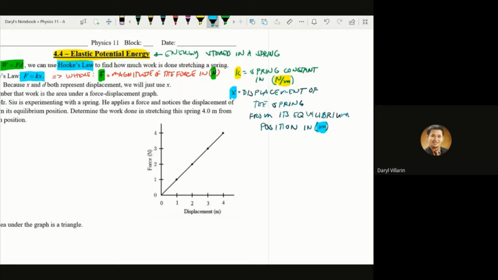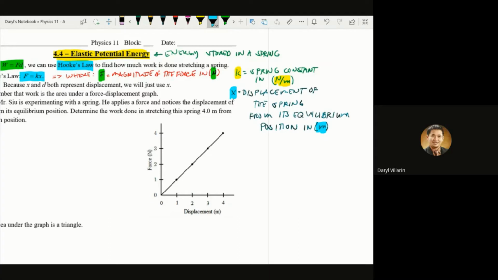So if you will be using this formula, try to remember that the unit of force is Newton, the spring constant is Newton per meter, and the displacement must be in meter. Because if they are not, you need to convert. If the force is in millinewton, try to convert it to Newton.